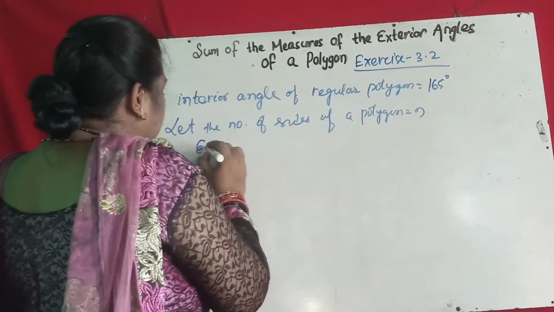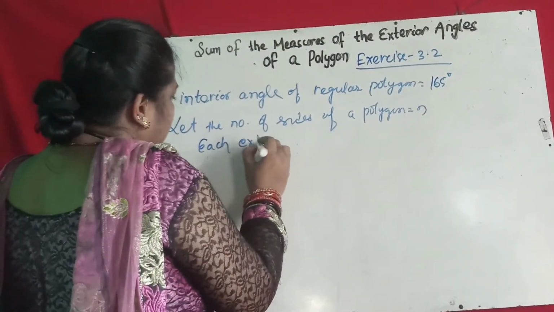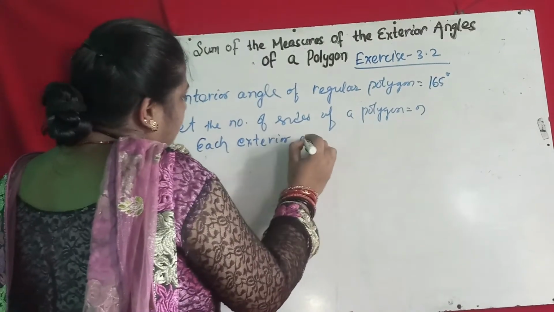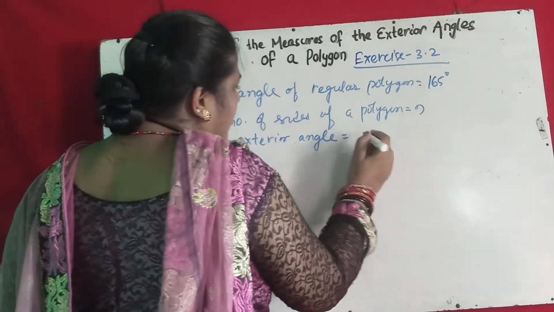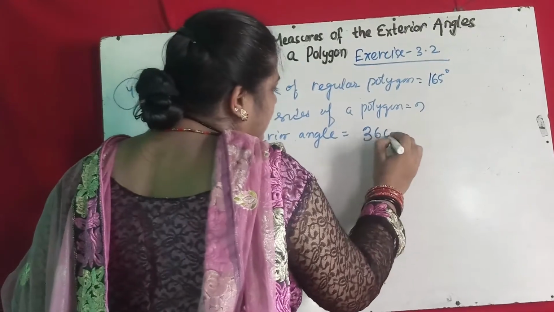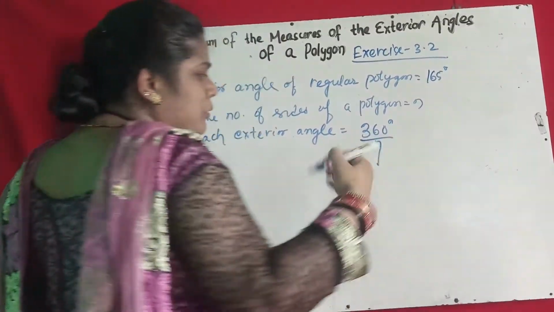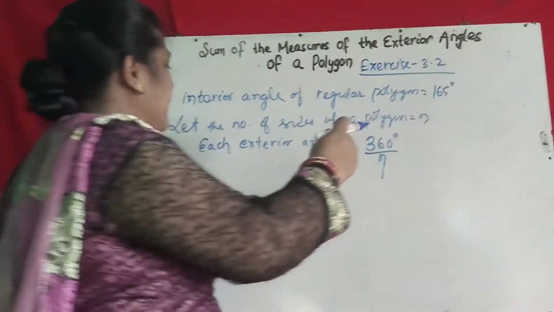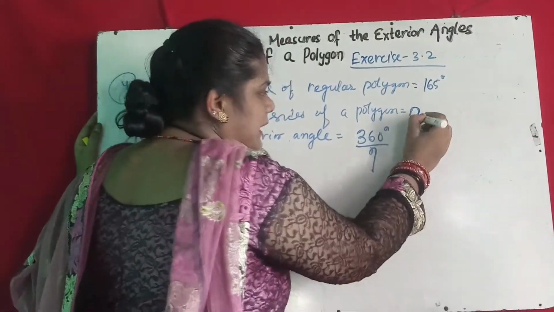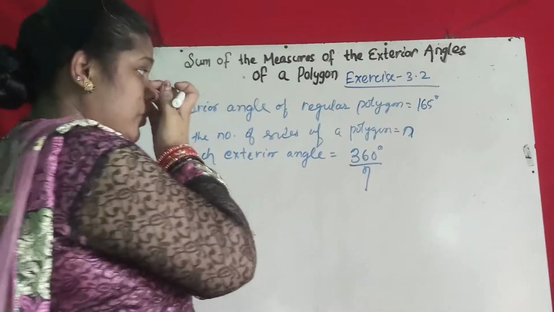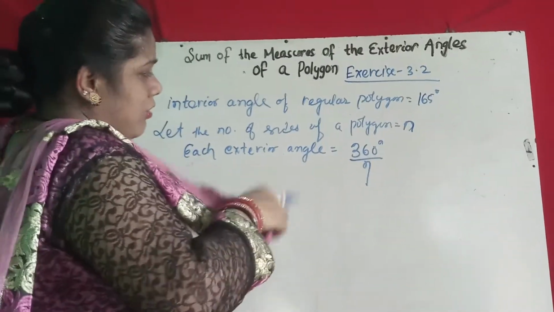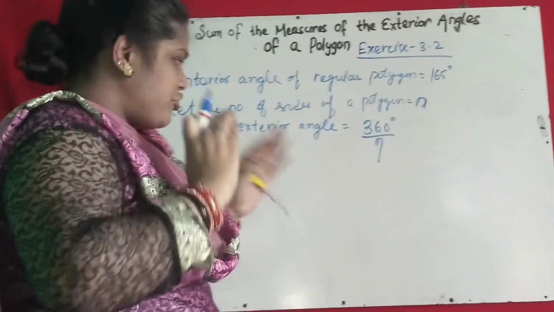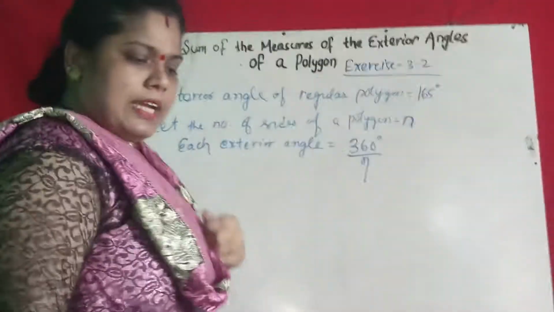So each exterior angle is equal to 360 degrees by n. We take n as the number of sides, which we don't know and have to find out. So the exterior angle is 360 by n degrees.